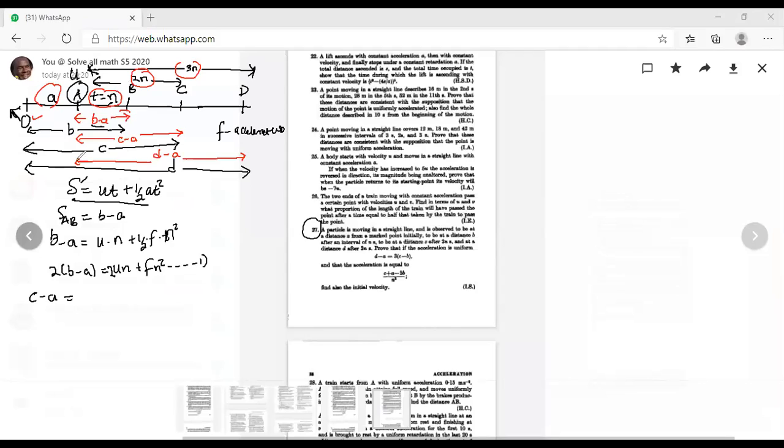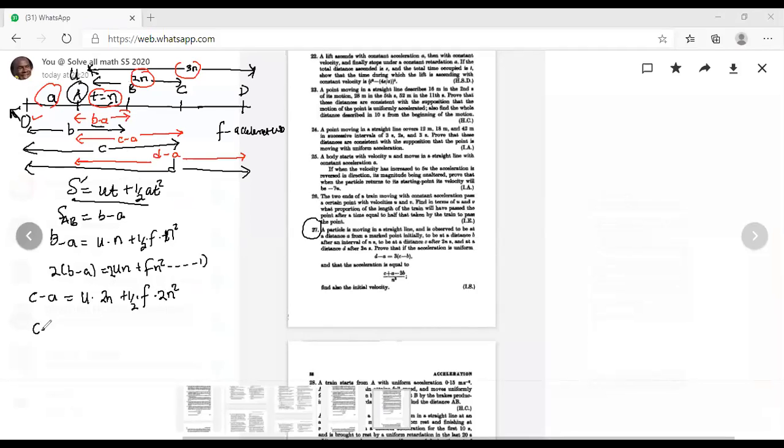Then, for the second one, it will be c minus a. The initial velocity is still the same u. The time is 2n plus a half times the same acceleration f times 2n squared.